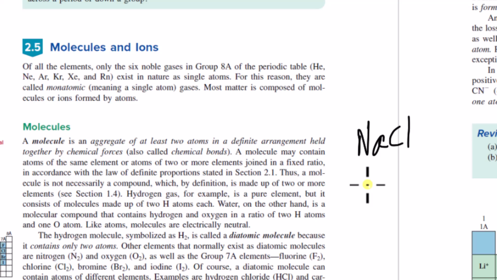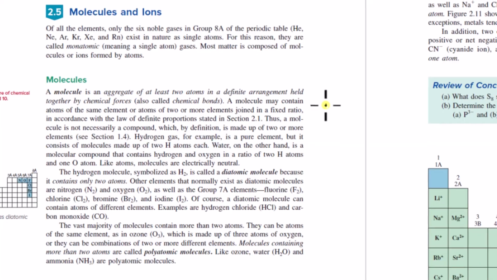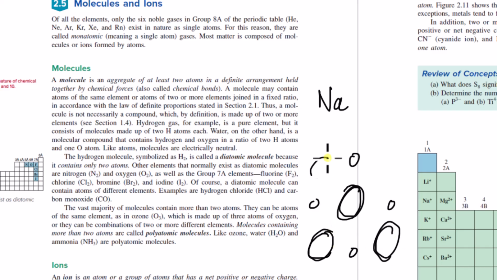Well, no, it's very different, because when it comes to these lattice structures, these infinite lattices, you don't call them molecules. With NaCl, you've got these sodium and chloride ions bonded together in a crystal structure.